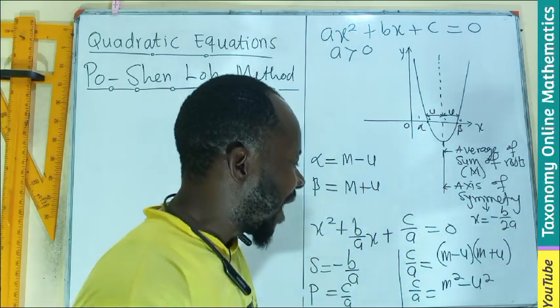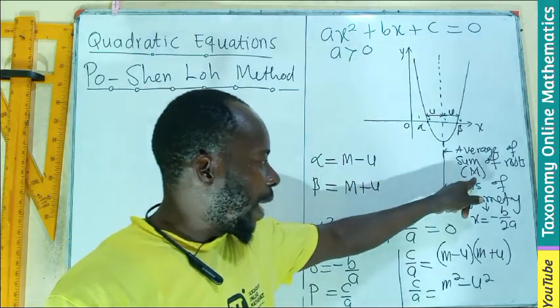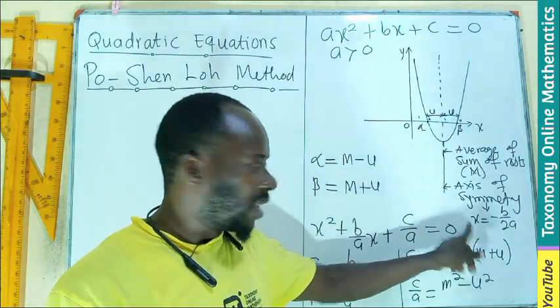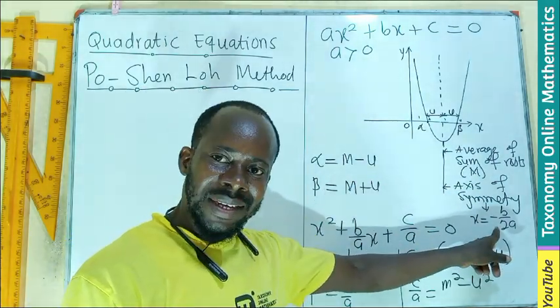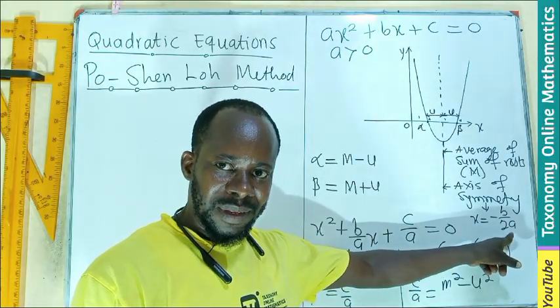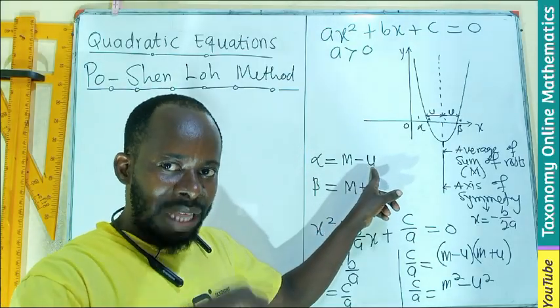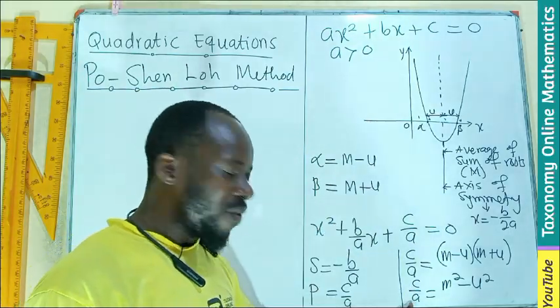So I can easily find the m, the m is the same as the line of symmetry. This m is the same as this. So I can just go straight forward and find the m using this. Then the m minus u, which is a variable I need to determine. Then c over a.